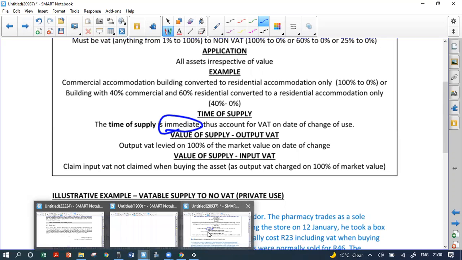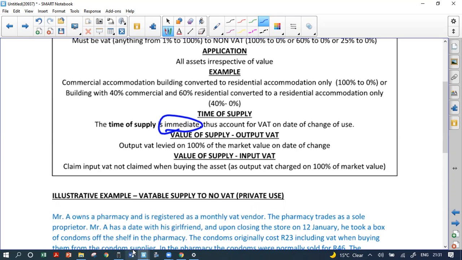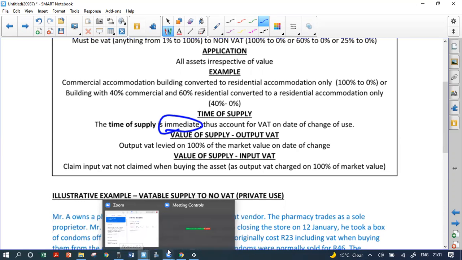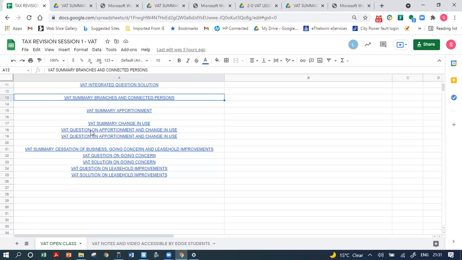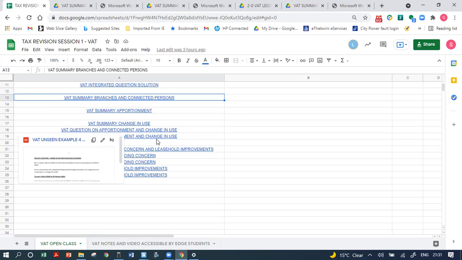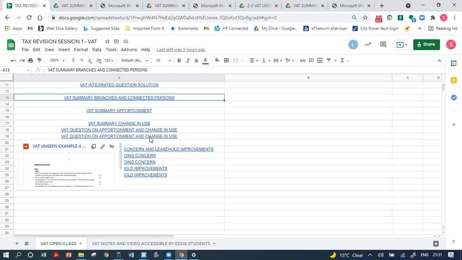Again, guys, I will post a video for you. But, guys, if you have a look here, I've got the VAT question on apportionment and change in use. And there's a solution to it just below it.